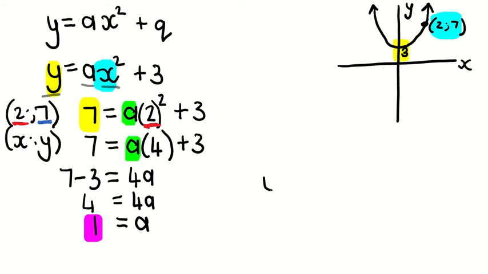So now it's going to be y equals, what's the value for a now that we worked out? 1. But we don't have to write 1 times x squared because 1 times anything just stays the same. So you can leave that part out. So you can just say x squared plus 3. And that's your equation.